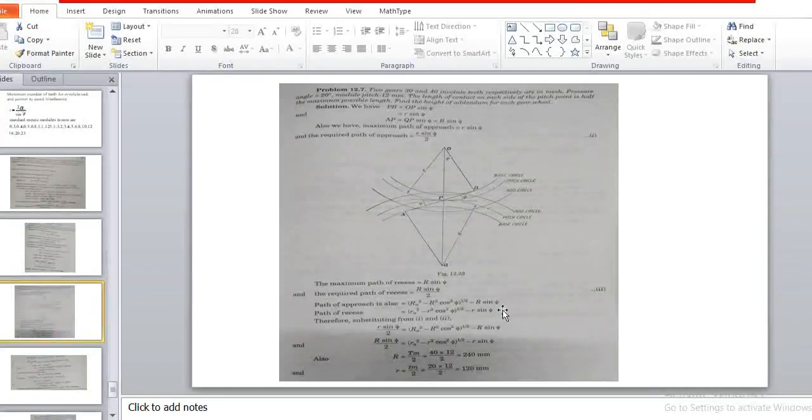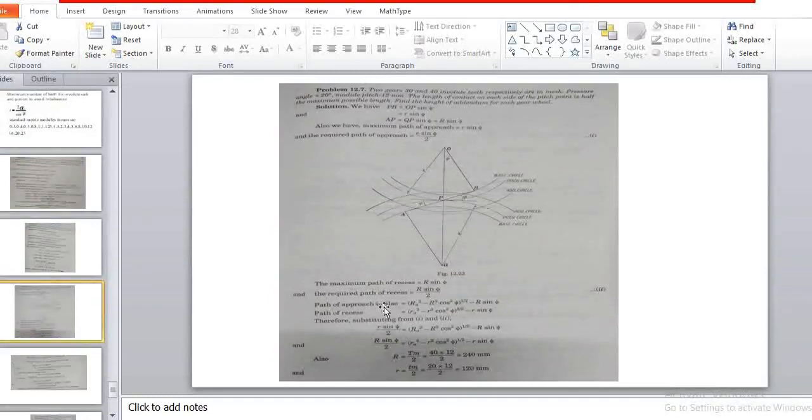So in the second equation we put the values of the particular capital R value and small r value.